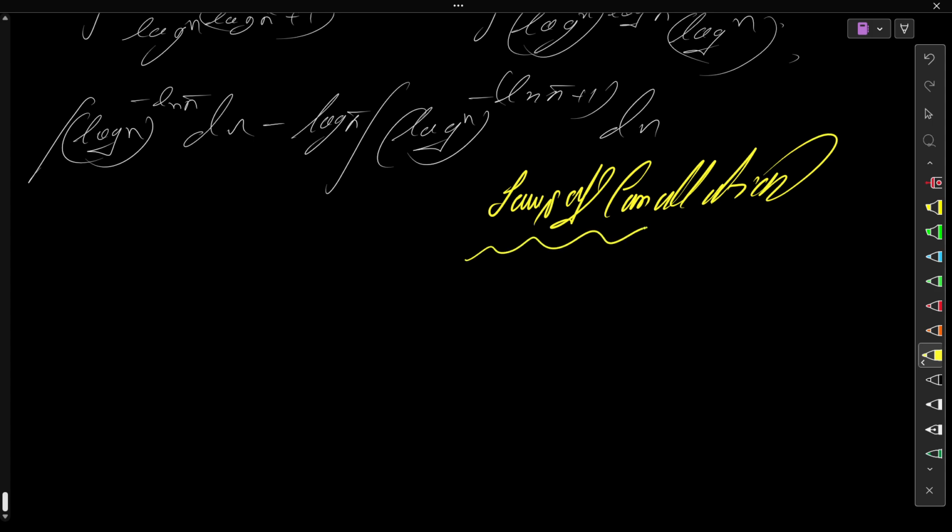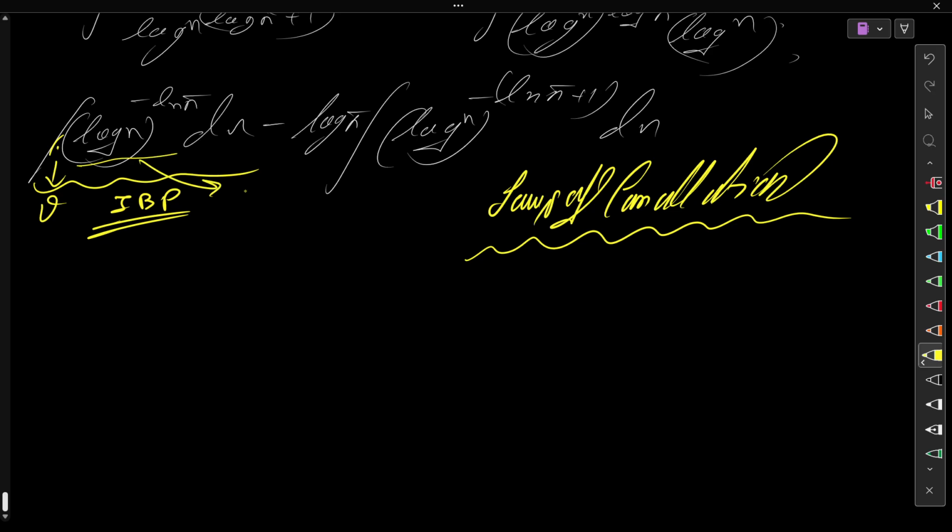So using the laws of cancellation, I can write this one as, I'll apply IBP, integration by parts, on this. So I'll take 1 as v and this as u.